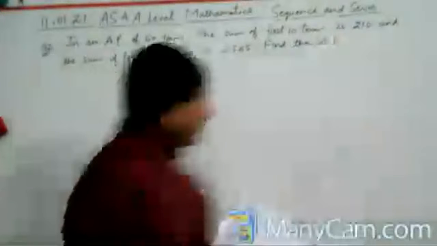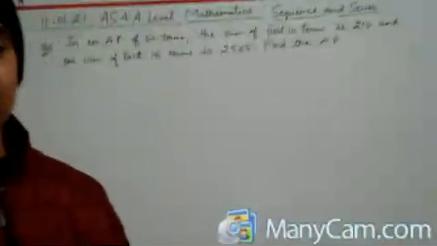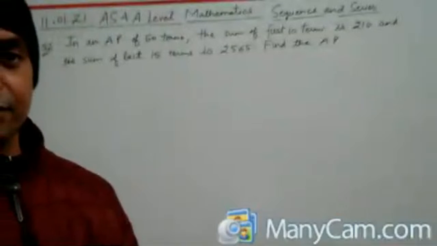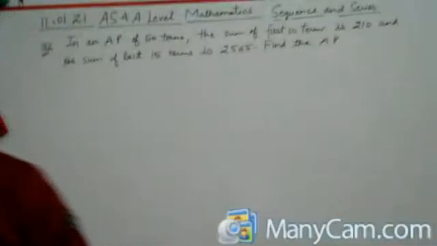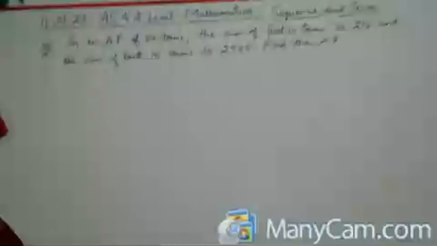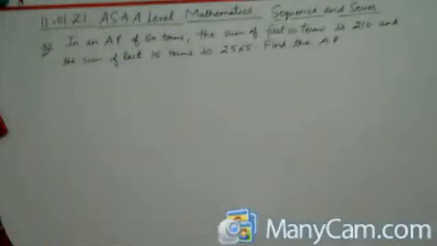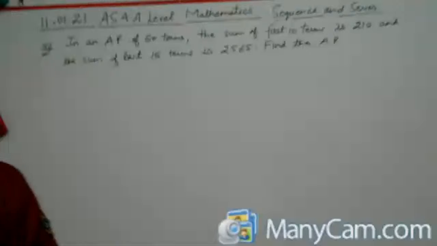What is given? The sum of the first 10 terms of the AP and the sum of the last 15 terms are given. So here we have to find the AP.